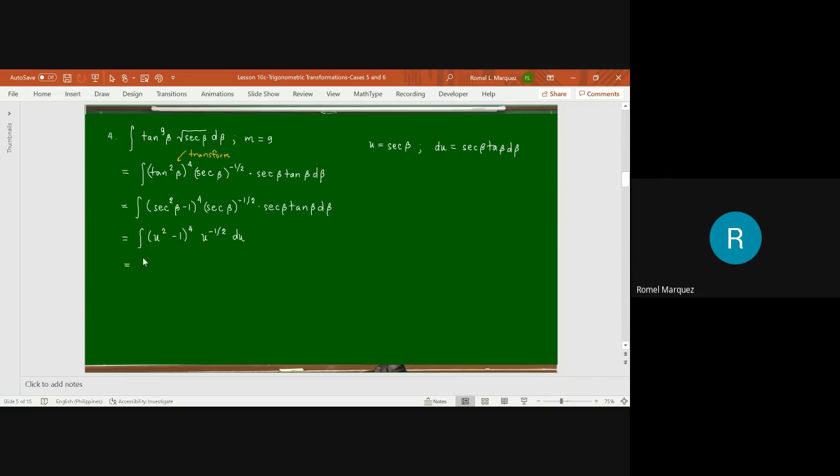So expansion gives us integral of u to the 8, meaning you have to raise the first term to 4th power, minus 4 raised to the third, that is u to the 6 times the second, plus 6 u to the, so that is how to expand, 1 3 3 1 by Pascal's triangle, 1 4 6 4 1.